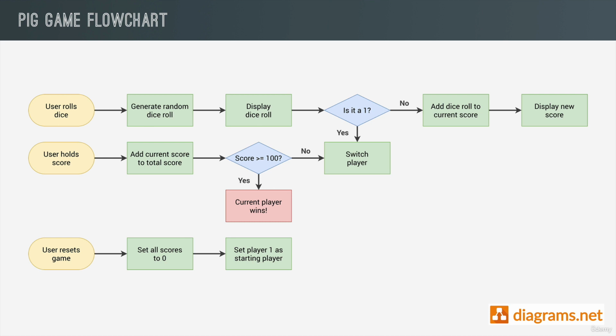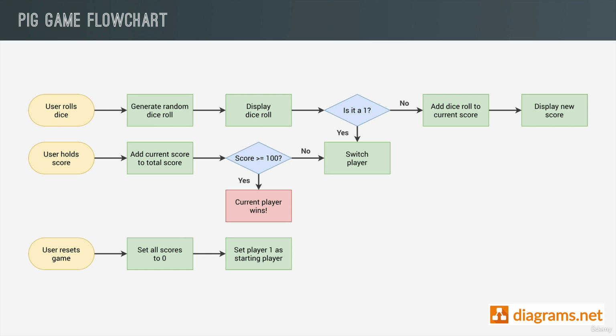Right? So that is exactly the behavior that we saw when we tested out the game earlier, right? Now, if the dice roll is actually a 1, then simply switch the player. And so in this case, the dice roll will not get added to the current score. Next, the other option is that the user wants to hold his score, and then we add the current score to the total score.